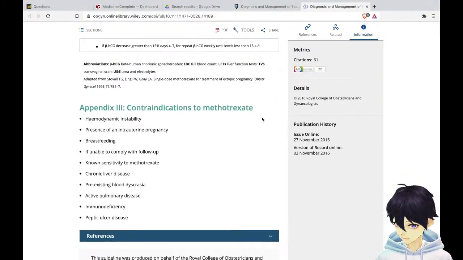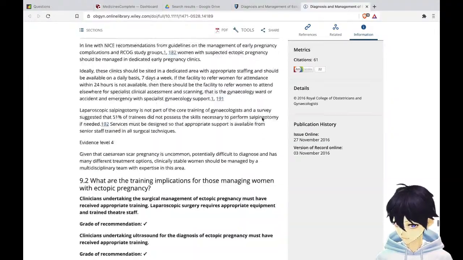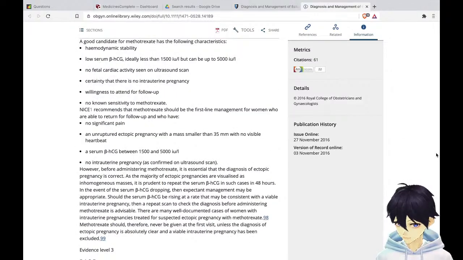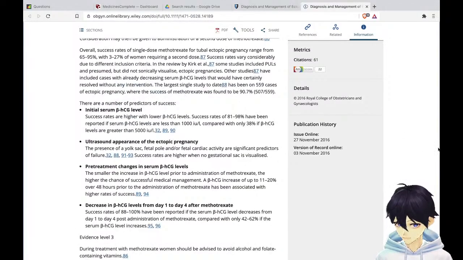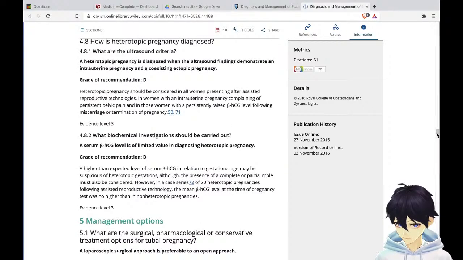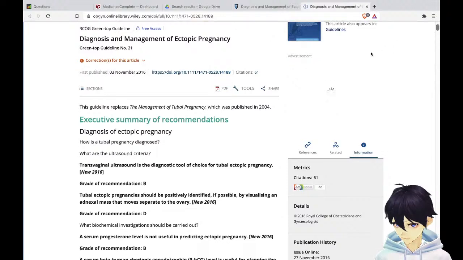Appendix 3, contraindications. No, no. Table, no flow chart. Let me see if they have a PDF version.